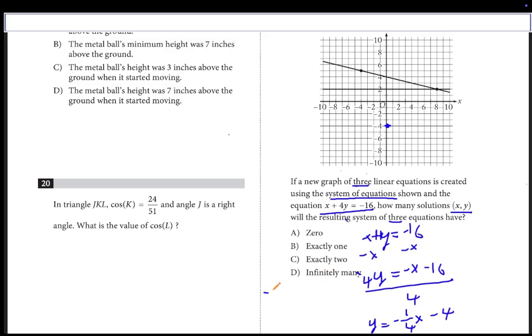So negative 1/4 times negative 4 is going to equal 1, minus 4 equals negative 3. So that means our value right here is going to be negative 3.